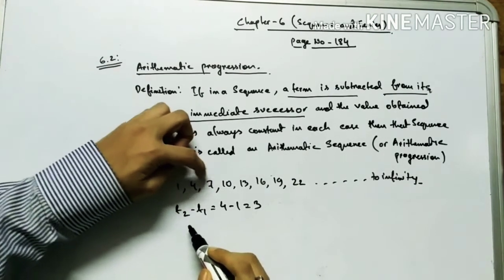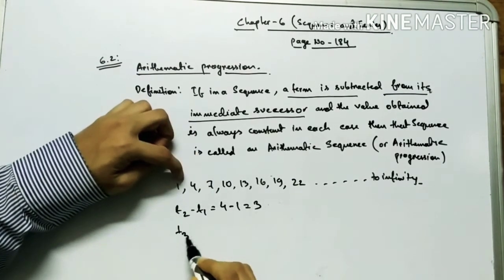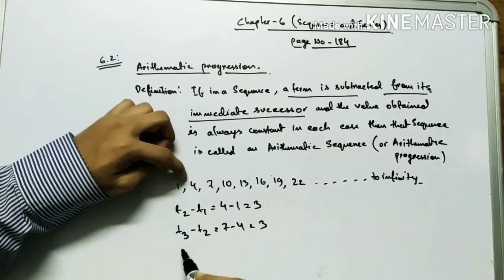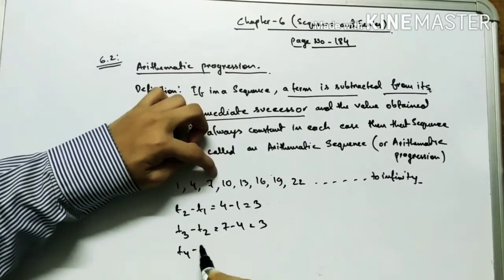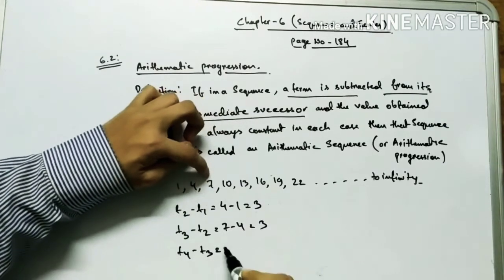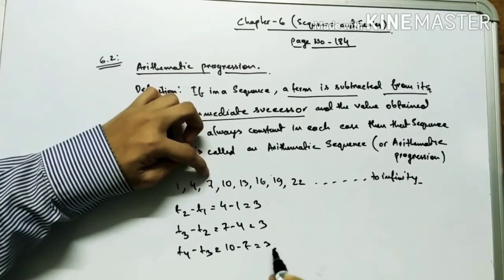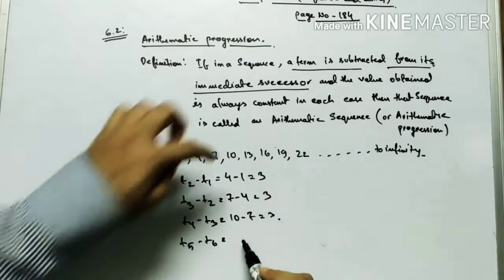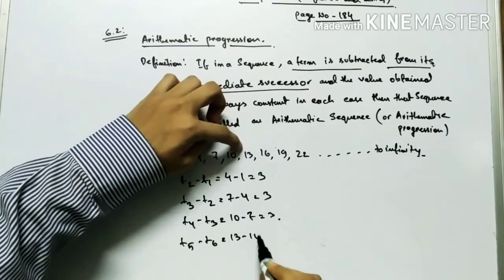Next, t3 minus t2, 7 minus 4, I will get 3. Next, t4 minus t3, 10 minus 7, 3. Next, t5 minus t4, 13 minus 10, 3.